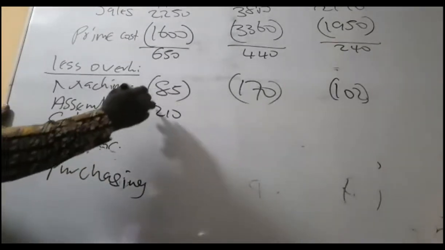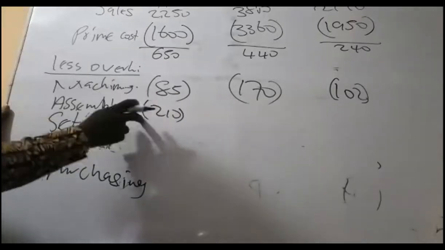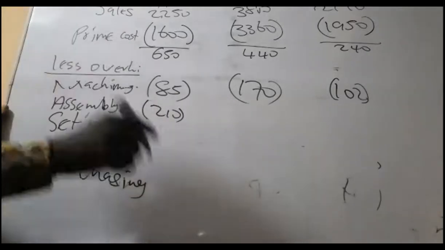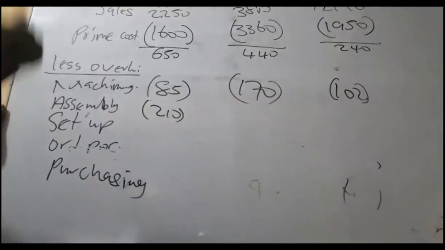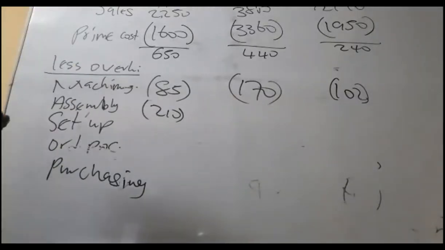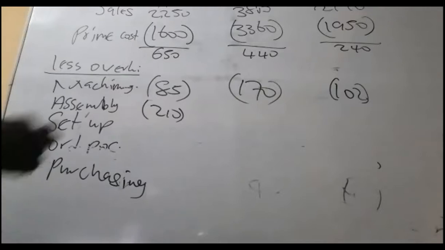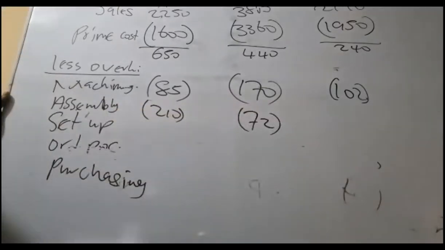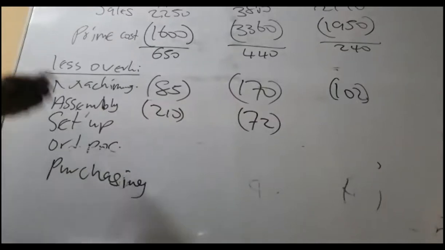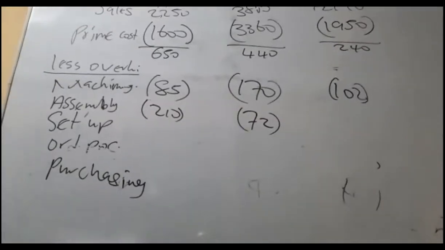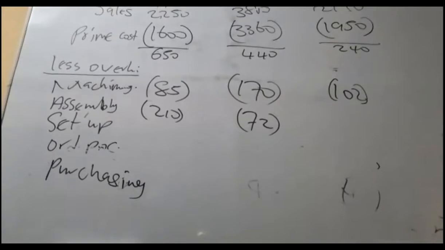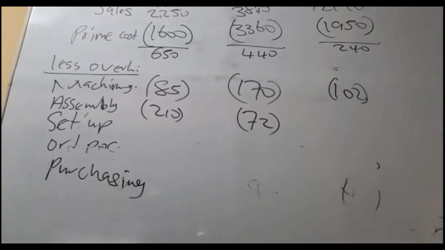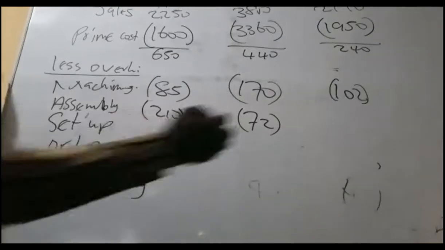How do you get the 210? You multiply the hours by the cost driver rate by 50 and 72. Then lastly, you have 36.